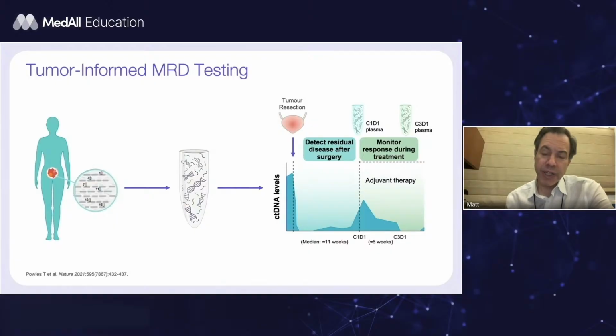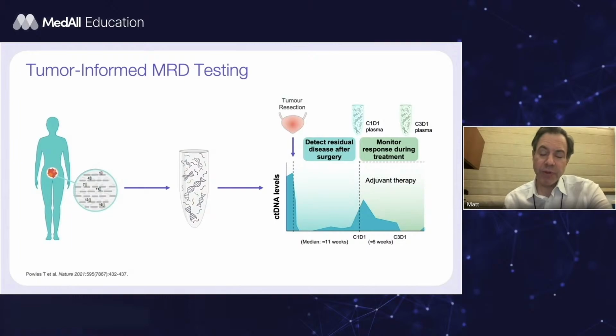The technology that I'm going to be discussing mostly today is tumor-informed ctDNA testing, and specifically tumor-informed ctDNA testing using the Signatera assay. The reason that I'm focusing on this assay is that this is where the bulk of evidence has been generated to date in urothelial cancer.